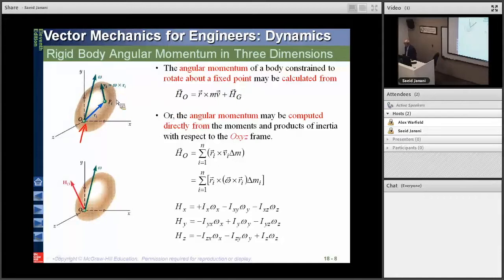Okay. The momenta of the particles of a rigid body can be reduced to linear momentum, L equals mv, and angular momentum about g, which has the three components that we just saw on the previous page. So that's a summary of this page.